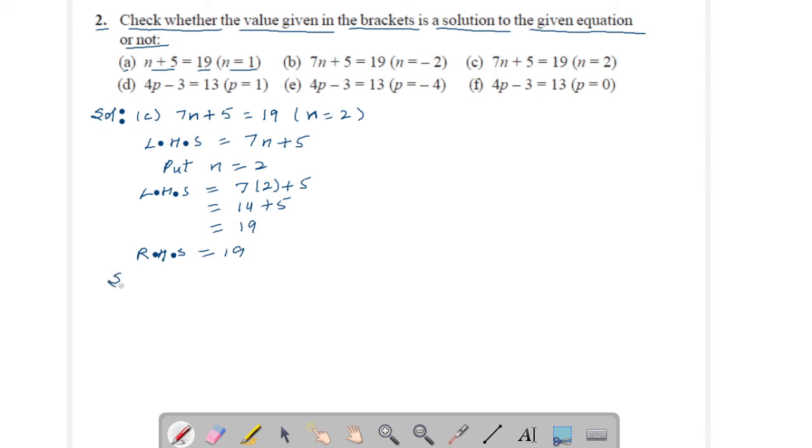Since left hand side equal to right hand side, therefore n equal to 2 is a solution of given equation.